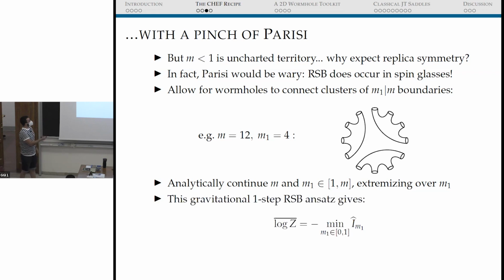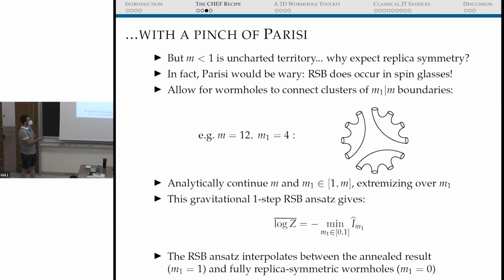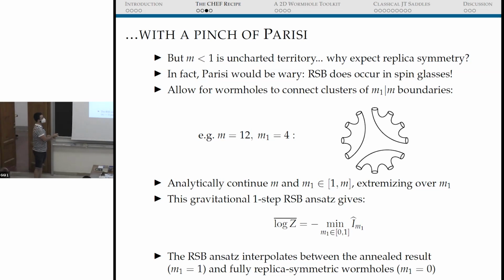And when we do the continuation, what we get as M goes to 0 is another variable M1 here over which we are going to minimize. And the beautiful thing we see is that this prescription of one-step replica symmetry breaking recovers the 2 extreme cases that we had before, but also gives you an interpolation between them in the following sense.